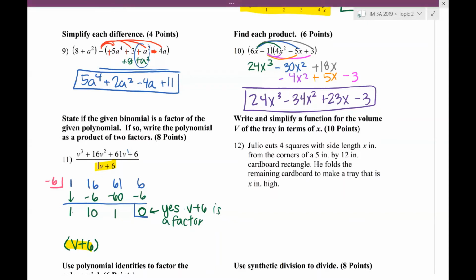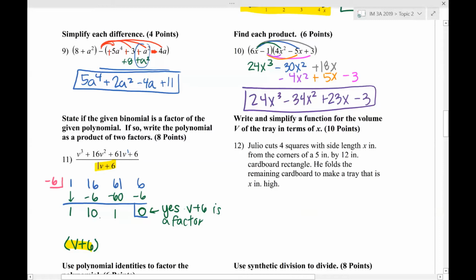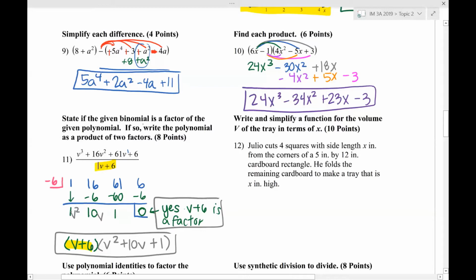So our quotient is 1v squared plus 10v plus 1. So it's v plus 6 times v squared plus 10v plus 1. These two things are the answer, right? It's asking us is it a factor, and then if it is, write it as a product of two factors.